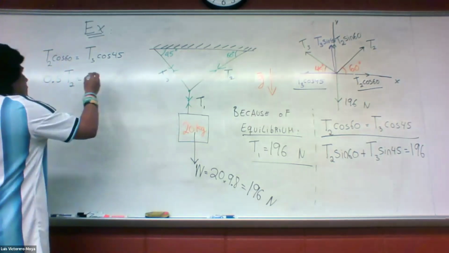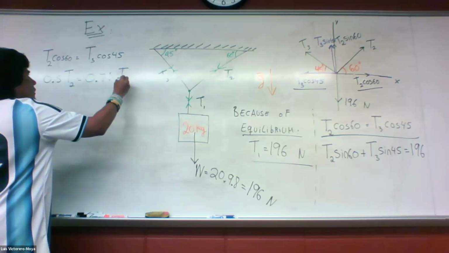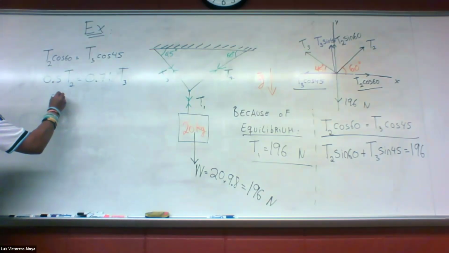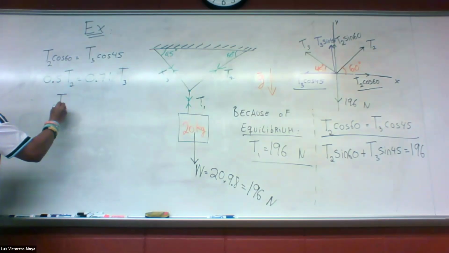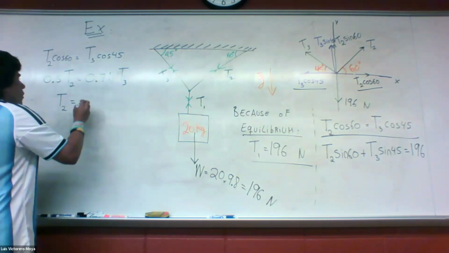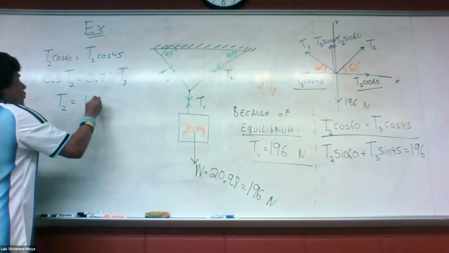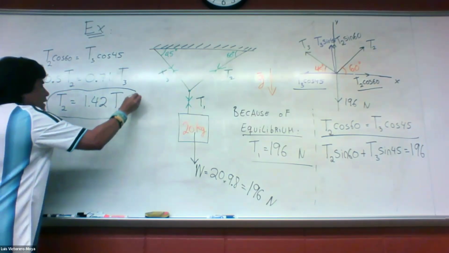Somebody check, please. It's 0.707, so 0.71 T3. So T2 is, what's this over the, 1.42 T3. So I have this.